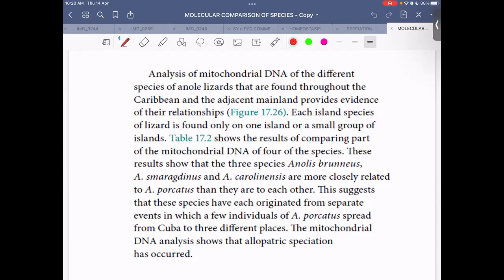The results show that the 3 species, which are brunnius, smaragdinus, and carolinensis, are more closely related to porcatus than they are to each other. And in the table which is coming up, we will be able to see this by looking at the data. This suggests that these species have each originated from separate events in which a few individuals of porcatus, a lizard whose species name is porcatus, spread from Cuba to 3 different places.